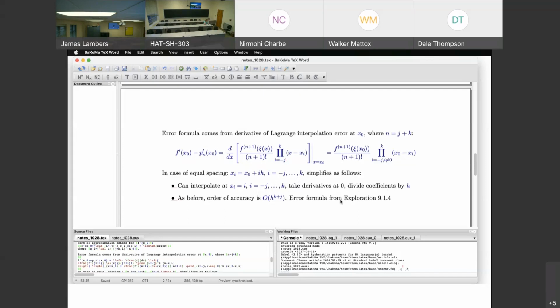One of the homework problems for this section, exploration 914, involves taking this error formula and simplifying it in the case of equally spaced points. So you can use this in here to simplify this expression somewhat.